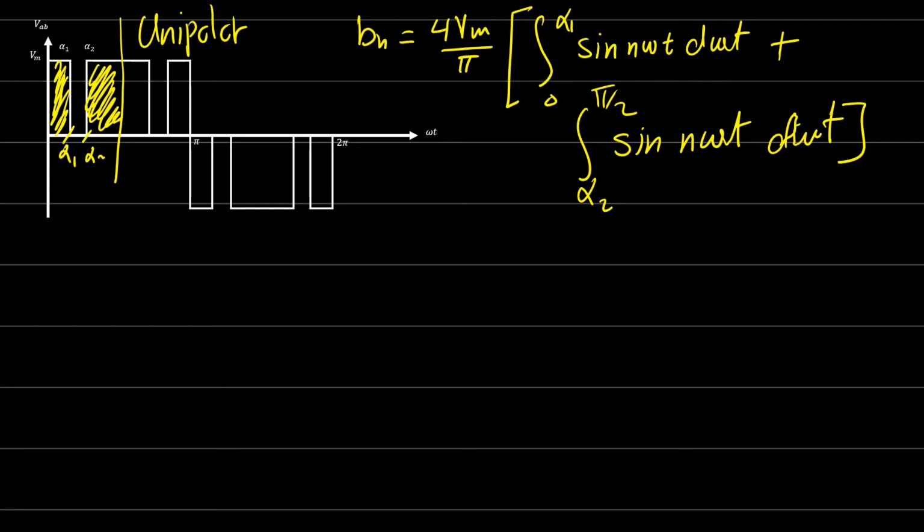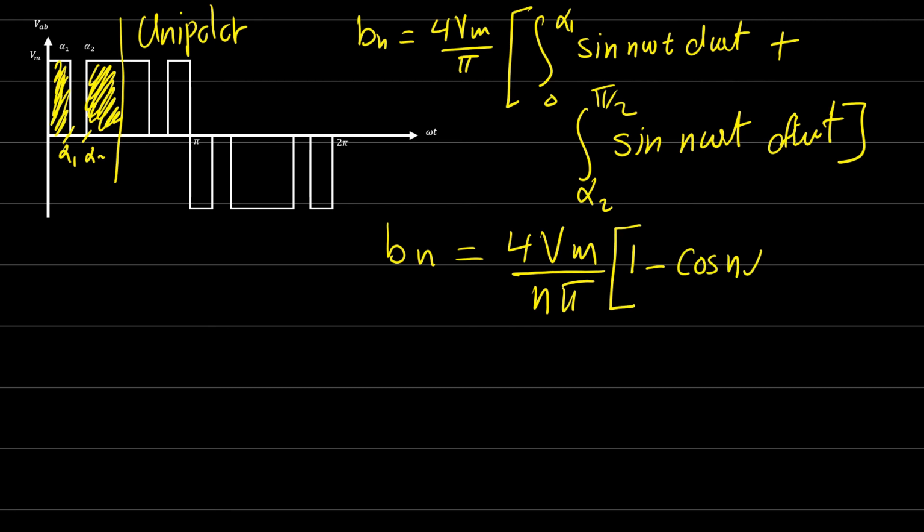Make this integration, you'll find that Bn is equal to how much? 4 times V maximum over n pi, multiplied by 1 minus cosine n alpha 1 plus cosine n alpha 2. Also, you can extend this for m pulses.